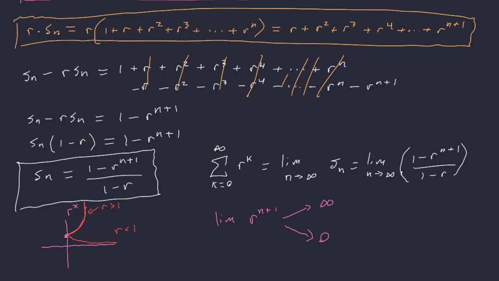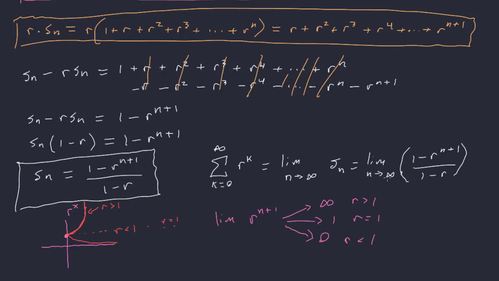And then you'll just get 1s if r is equal to 1. So it'll go to infinity if r is greater than 1, it will go to 1 if r is equal to 1, and it will go to 0 if r is less than 1. And that gives us a sense of where this is going.